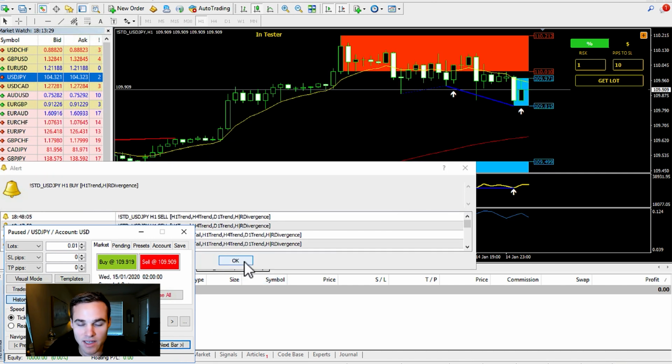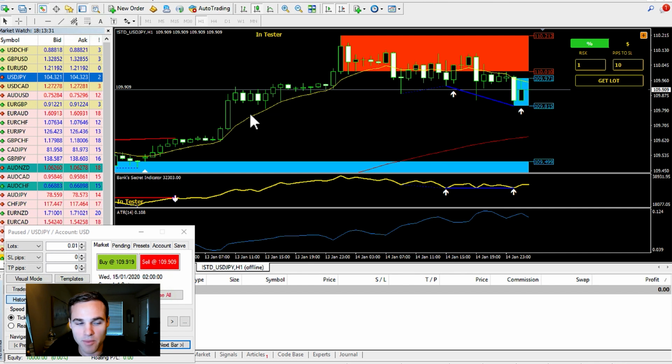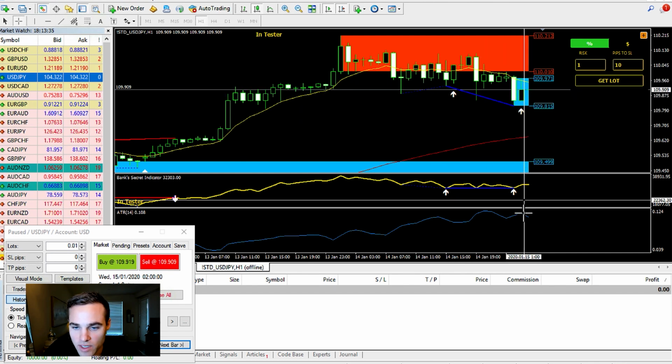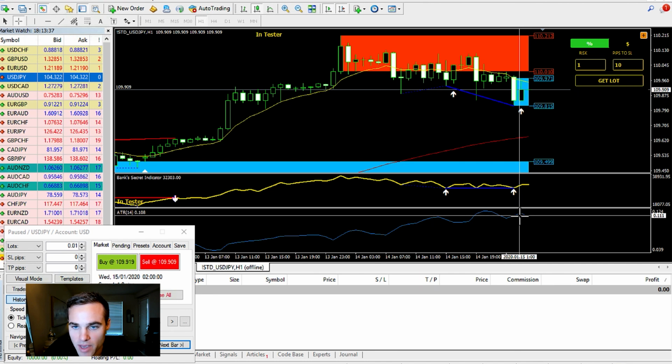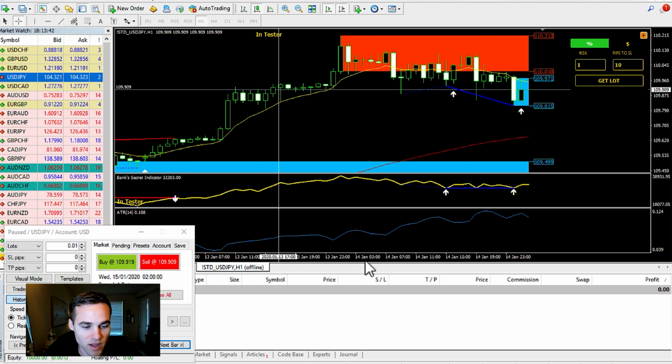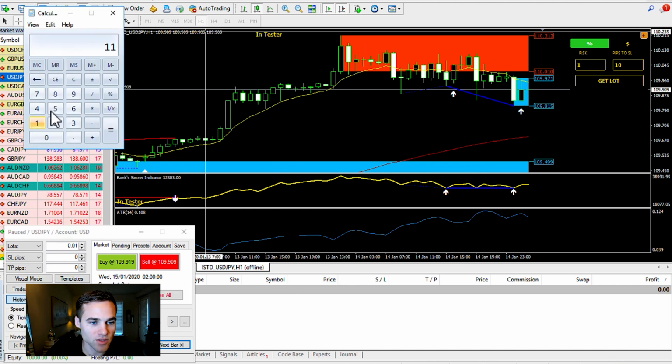Okay, so here's the idea. Again, we got another alert coming in here. Let's go ahead and measure this up. It's in an uptrend. We're looking for buys only. We're going to go down to the ATR and we're going to measure this. So the ATR is about 115. Let's pull up the calculator. 115 times 1.5 equals 172.